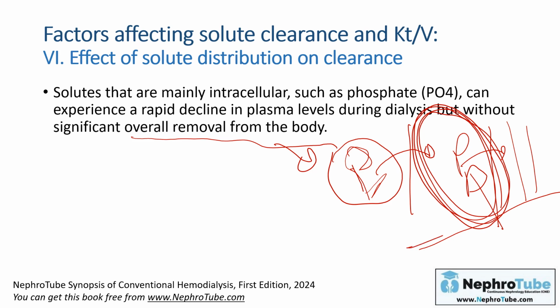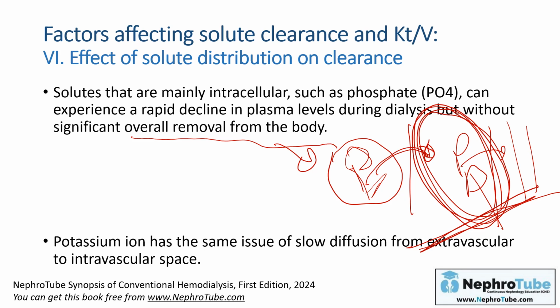Because after the hemodialysis session, this phosphate will go out into the blood and elevate the blood phosphate level again. That's why control by drugs and diet is very important in hemodialysis patients to control phosphate level. Another option to control phosphate by dialysis is to have frequent dialysis sessions or increase the duration of the dialysis session.